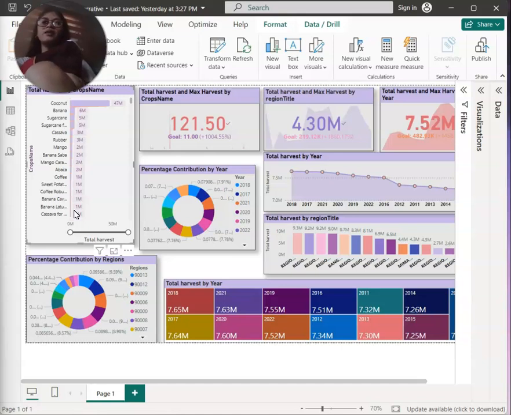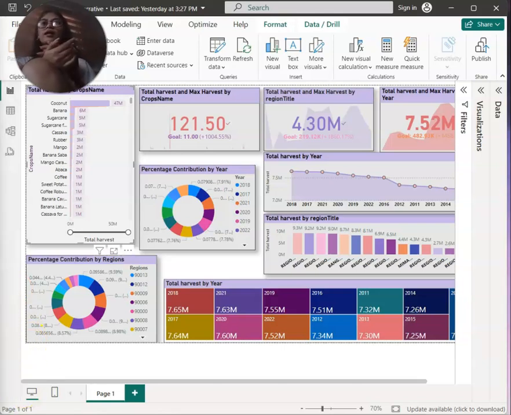So, this analysis could guide decisions about crop diversification or increased investment in underperforming crops. For instance, promoting crops with untapped potential like pineapple or rubber could enhance overall agricultural productivity and sustainability.